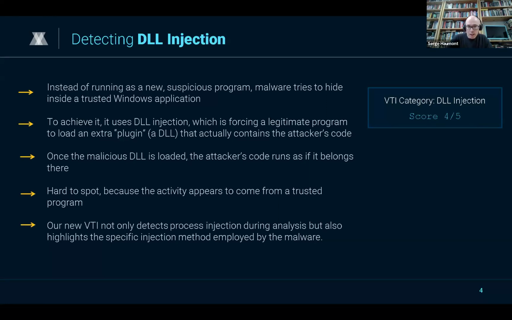In that case, it's using a DLL that it loads into some legitimate code. And when it's loaded, the attacker can run the malicious code, and it's pretty hard to spot for normal defense activity because everything seems to come from a trusted program. So now we have a new VTI that detects that, and specifically that can detect the DLL injection type of process injection.